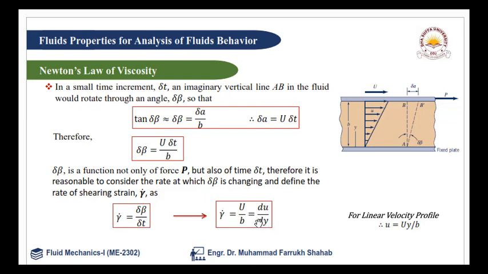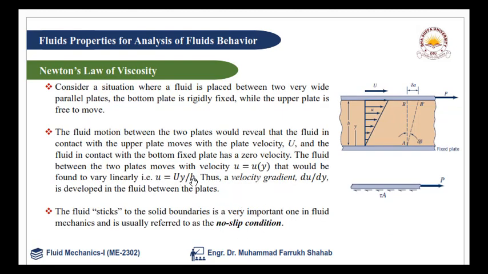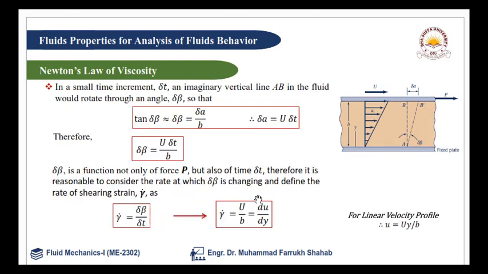So this gamma dot is the strain rate, the rate at which the angle is changing when you are applying a force P. Similarly, gamma dot also equals du upon dy, as u upon b.